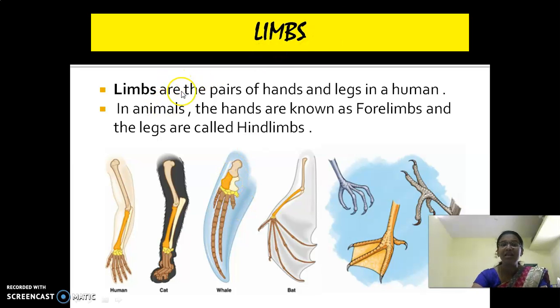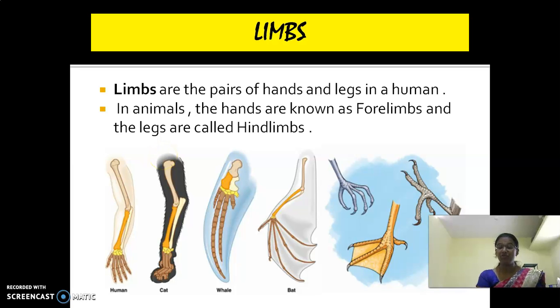Note it down. Limbs are the pairs of hands and legs in a human. Limbs are nothing but the legs and hands. In animals, hands are known as forelimbs and legs are called hind limbs.